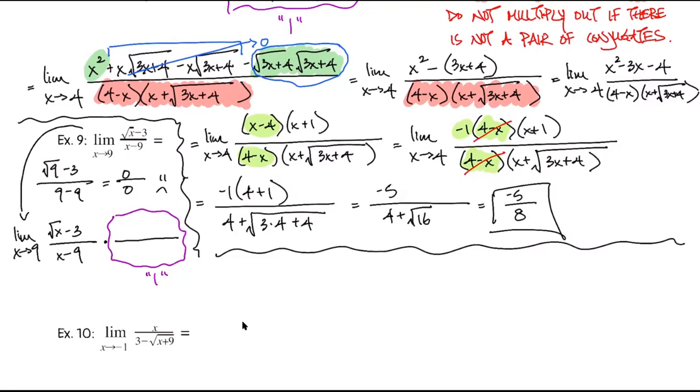How should we write 1 in this case so that it's beneficial for us? Root x plus 3. Absolutely, absolutely.